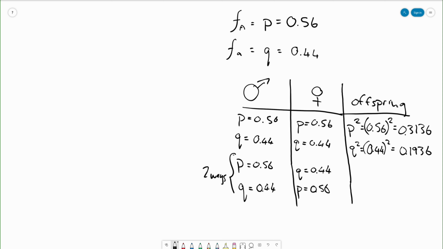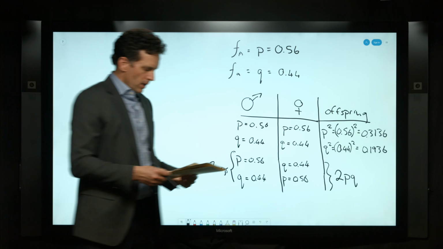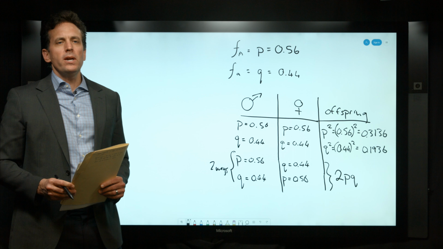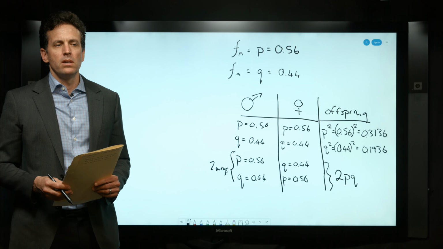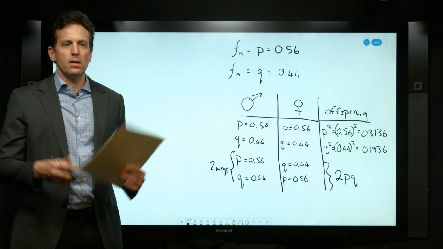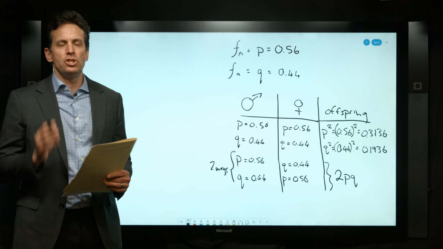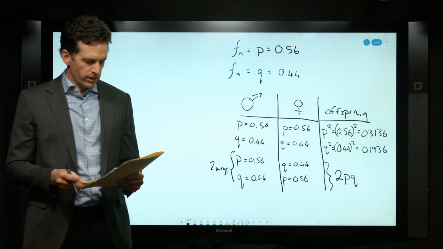And therefore, when we do our computation here to figure out the probability of forming a heterozygote for the next generation, we sum those two together and get 2pq. And so the point here is that if we know the allele frequencies in the current generation, we can compute the expected genotype frequencies in the subsequent generation.